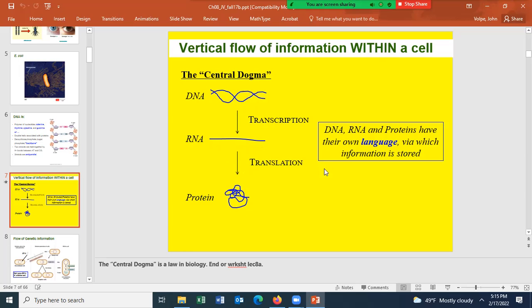So the information flows from DNA to RNA to protein. Each of these three has its own language for how the information is stored. This is known as the central dogma in biology. We'll talk a little more about how DNA flows within a cell, between cells, and between generations of cells. Any question about that?